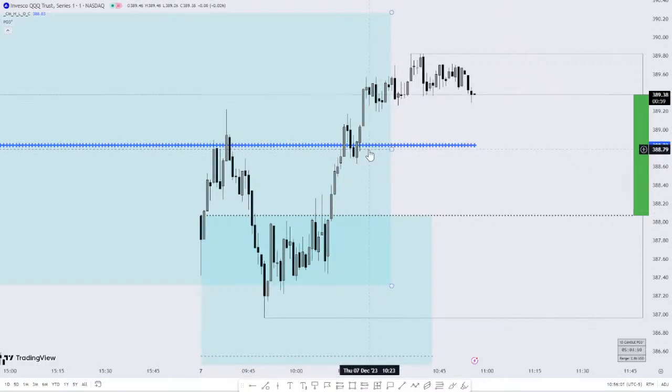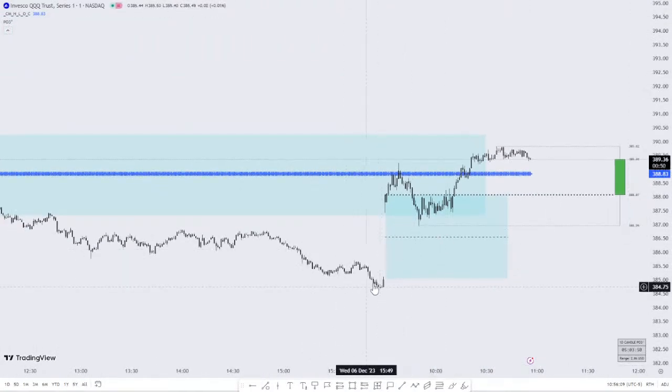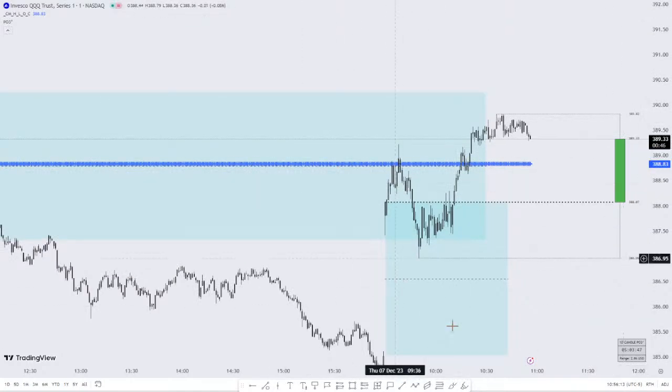Opening range gap encapsulates the end dog. Keep in mind, because it has its previous day's close, there would be the end dog somewhere around here. It encapsulates a lot of things.